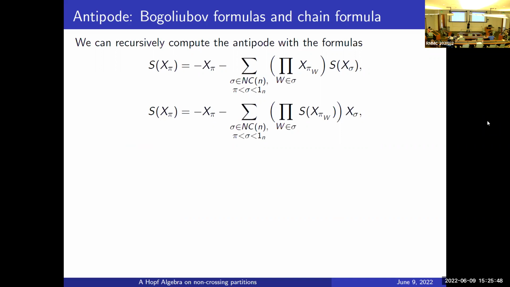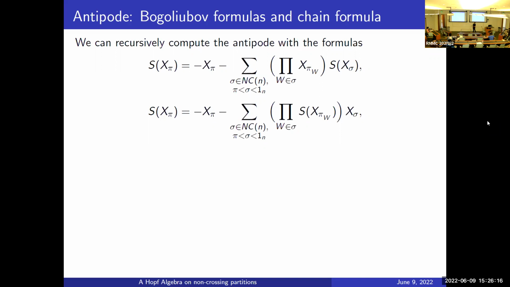So this is basically just writing down the formula in terms of the coproduct. Once you do that and take some values on one side, then you express S of x_pi in terms of partitions with a smaller size, or a smaller degree. So all of this is with a smaller degree, so you can recursively compute this.